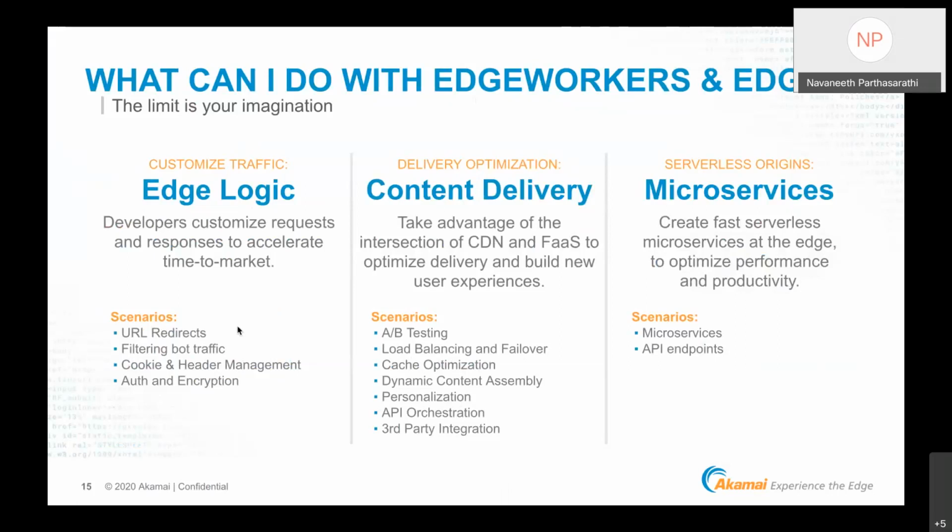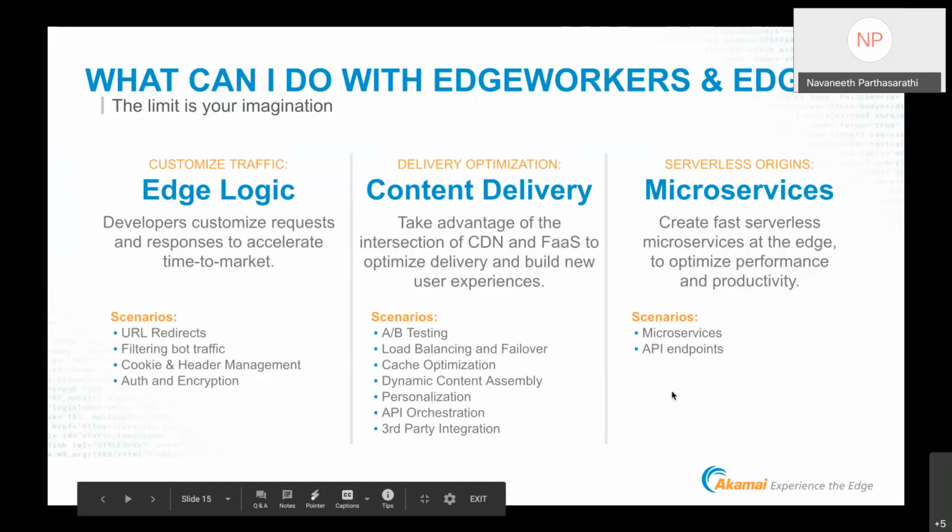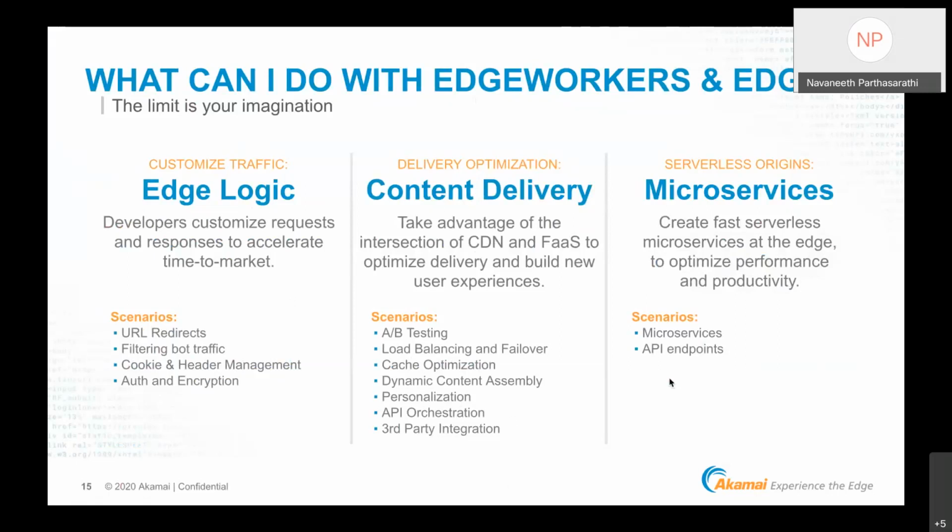The next set of use cases will be specific to content delivery. Akamai as a platform has been a leader on the content delivery side, and you can use EdgeWorker to complement your existing CDN workflows. As part of your current CDN workflows, there might be instances where you are using different origins behind the scenes as a load balancer using the global traffic manager of Akamai.